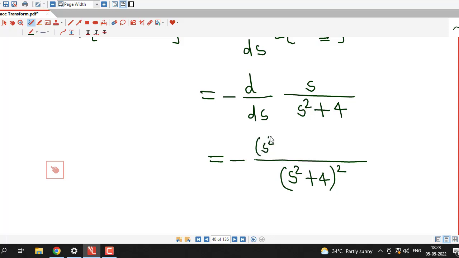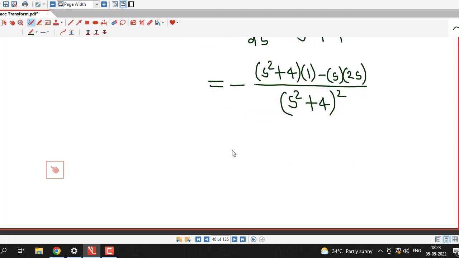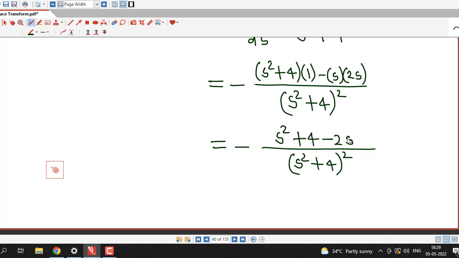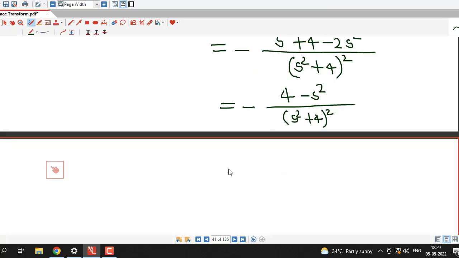then s square plus 4 as it is, derivative of s is 1, minus s as it is, derivative of s square plus 4 is 2s, and again we rewrite this, s square plus 4 whole square, s square plus 4 minus 2 times s square, and this is 4 minus s square minus 2s square is minus s square, and here we have square of s square plus 4, and this we can again rewrite as we have negative sign, and that is multiplied by 4 minus s square.